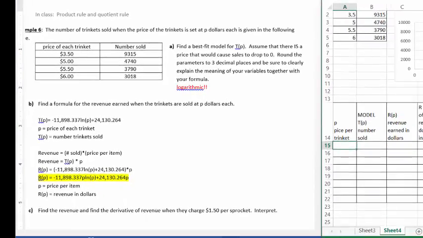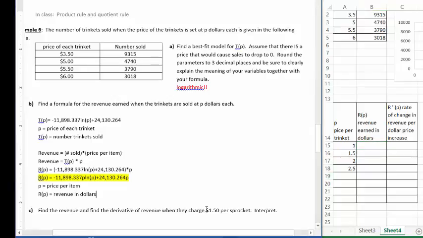Next, I'm going to take the model for revenue that we've created here and create an input-output table for it. I'm going to start at 1, and then we'll do $1.50 and 2 and $2.50, just inserting a few values. I selected these because I see in Part C it does ask us to find the revenue at $1.50, so I'll just make sure that's in my table.